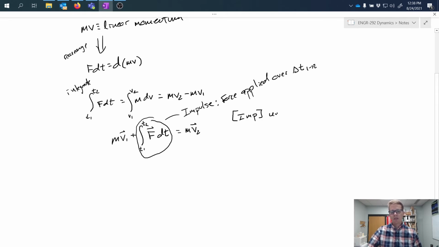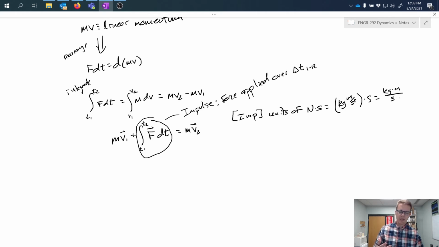It has units of newton seconds. We can see that from the equation, right? It's a force times a time. Newton seconds would also be equivalent to kilogram meters per second squared, if we break apart the newtons, times seconds, which means it's equal to kilogram meters per second. It's useful to know how this is written in its base units so that we can evaluate our equations for unit consistency.